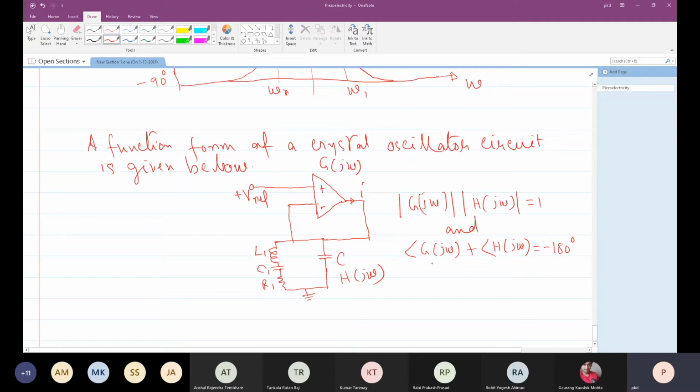So Gj omega has to be designed in such a way that it is the reciprocal of Hj omega.